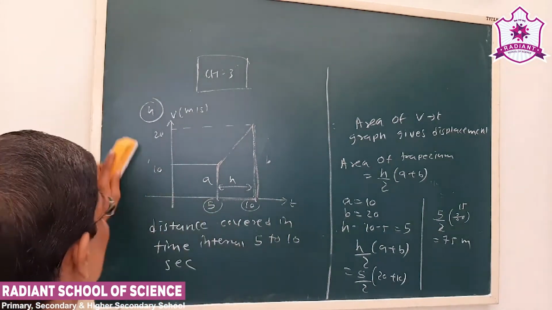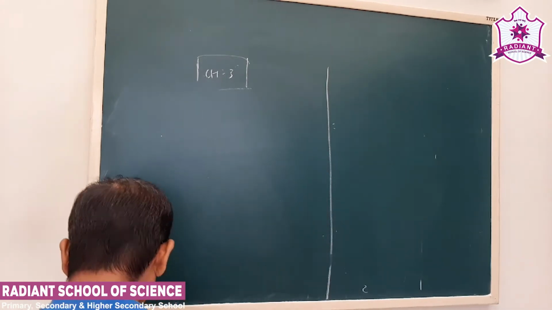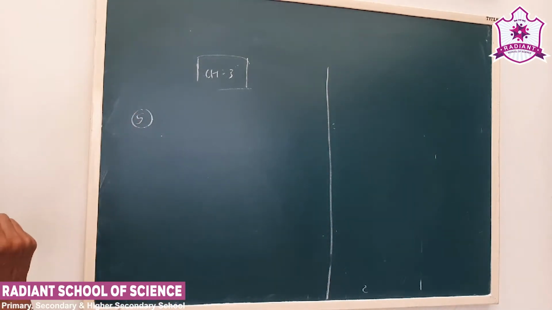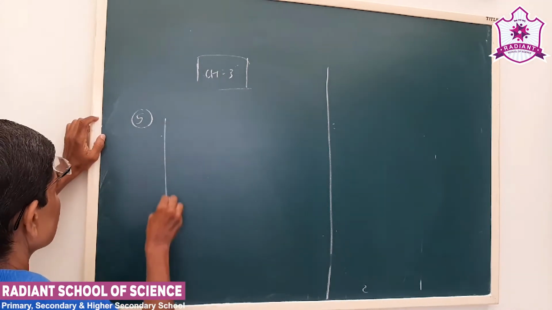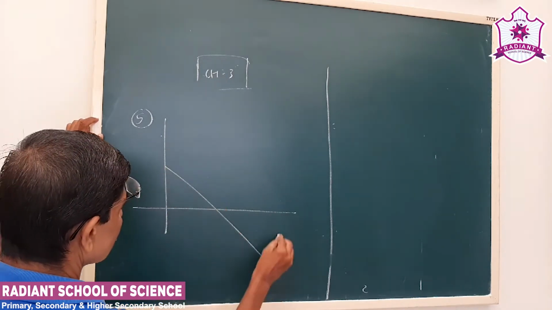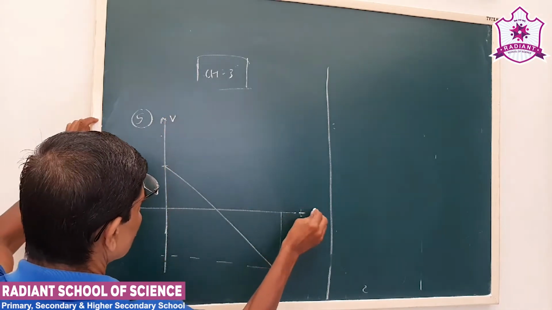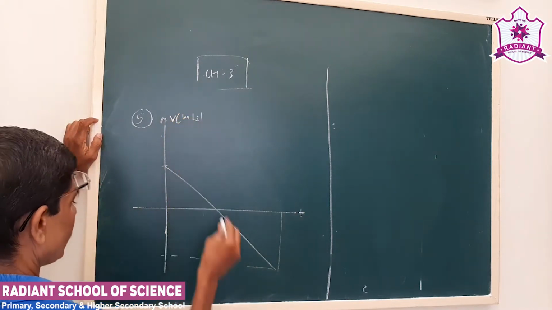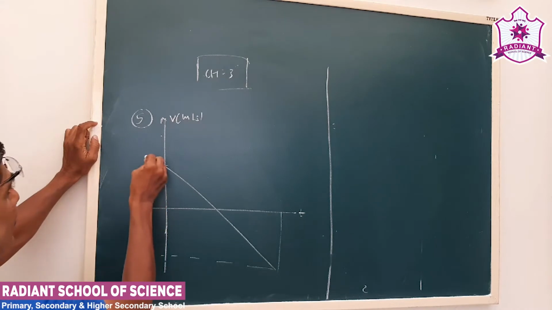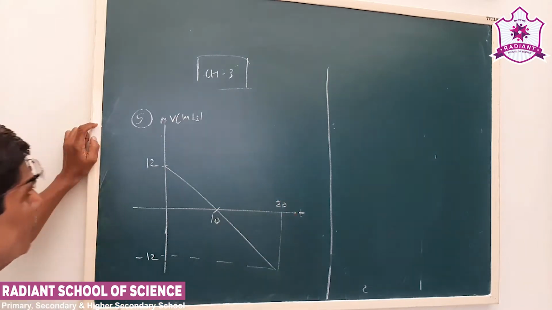Now we take another MCQ. Here is the velocity time graph for a given body.